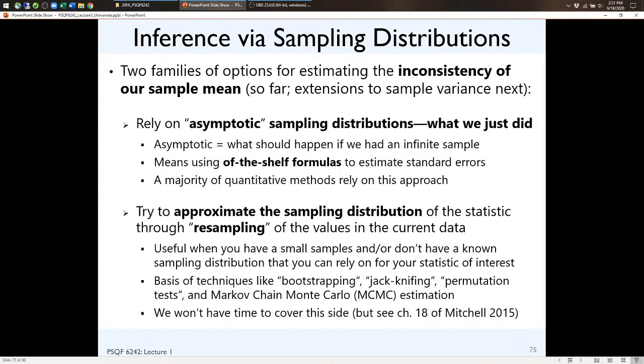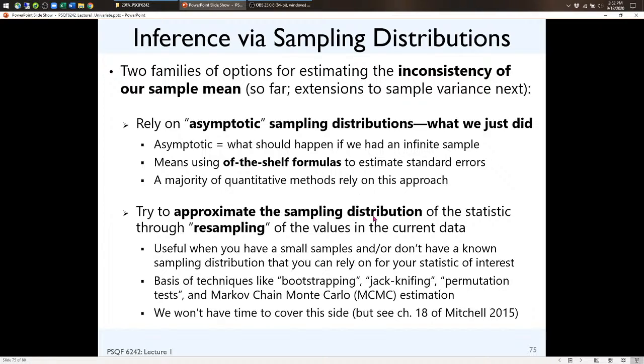Everything that we're going to do in this class and in most of my classes is going to use this sort of asymptotic approach, meaning that there are accepted ways to find the standard errors, either given these sorts of formulas or iterative algorithms that provide standard errors as a byproduct of the analysis. I'm talking about likelihood functions for those of you who might be familiar.